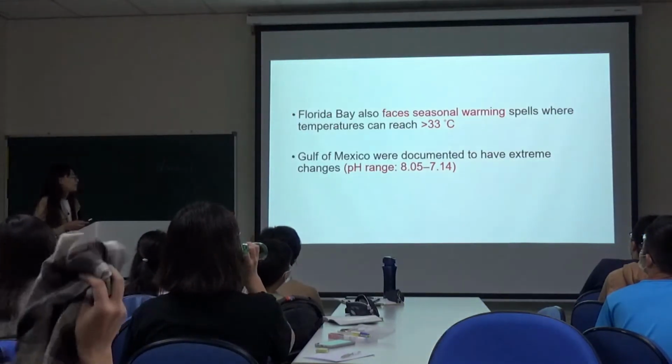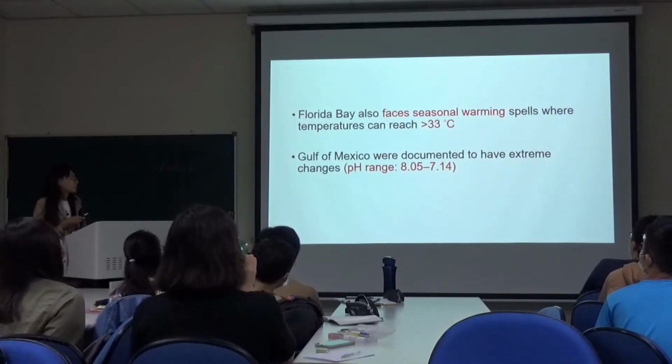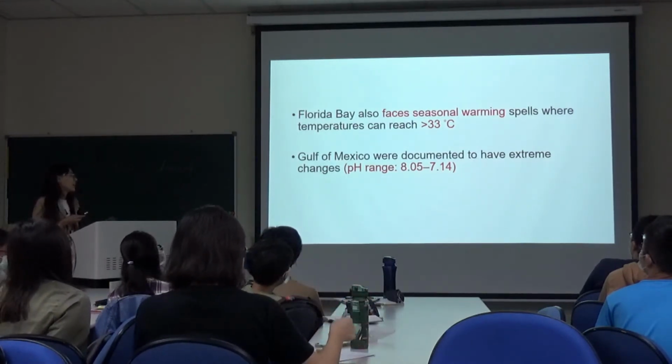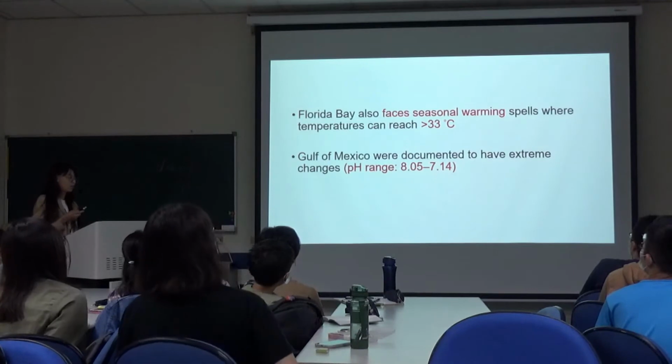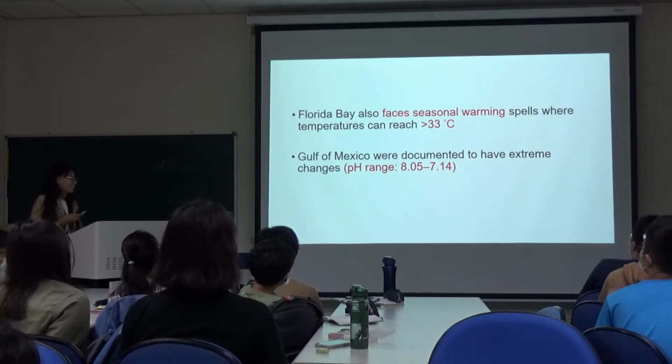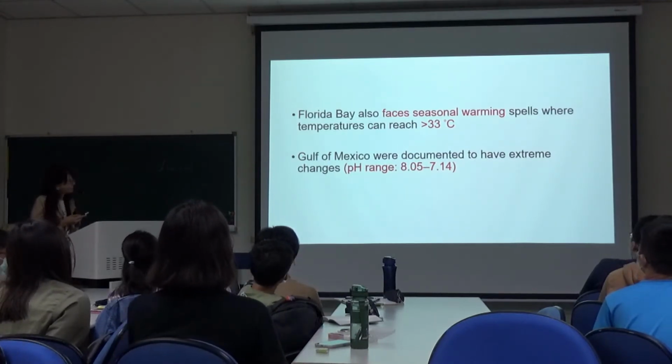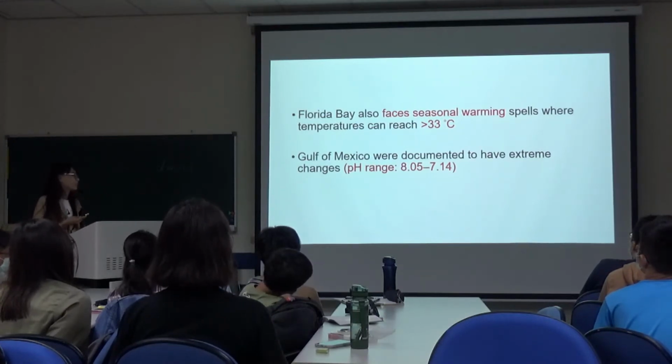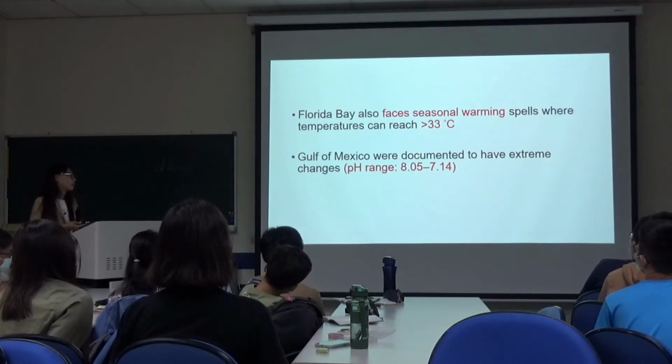Florida Bay also faces seasonal warm spells where temperature can reach 33 degrees Celsius. The Gulf of Mexico was documented to have extreme changes, with pH value ranging between about 8 and 7.